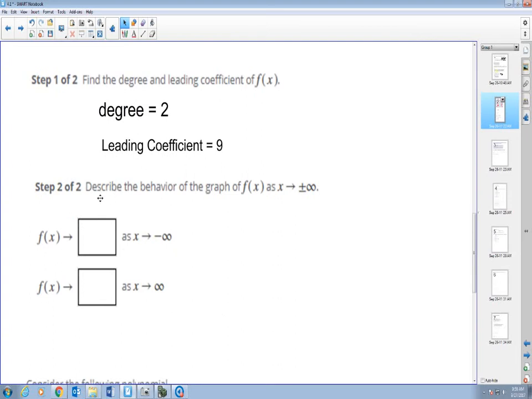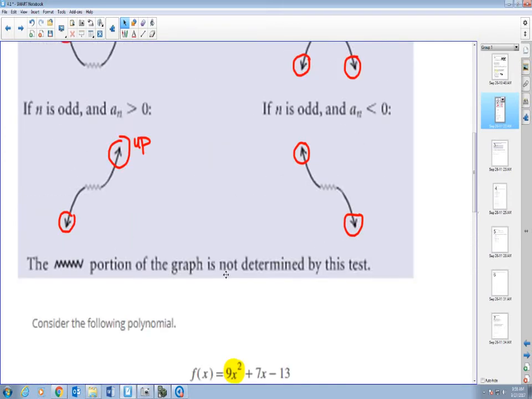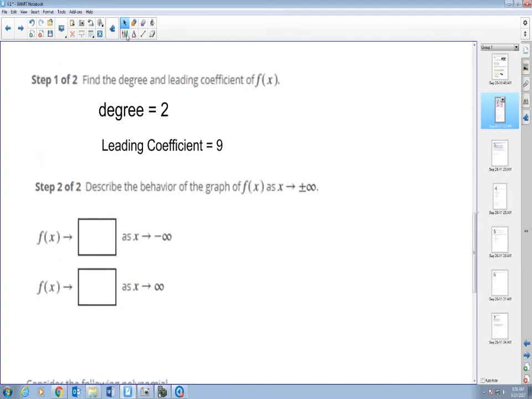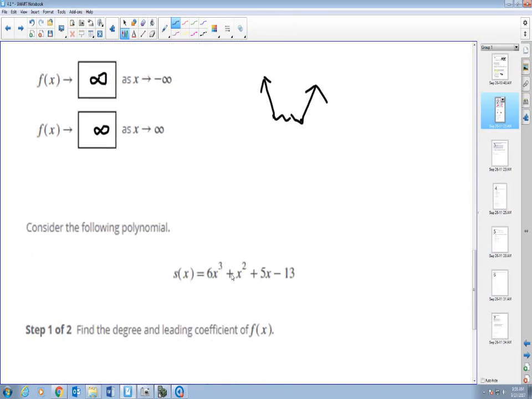So describing the behavior of the graph: as x goes to positive infinity, keep on going to the right, my y value is also going to go to infinity, getting bigger and bigger. As x goes to negative infinity, my y value is also getting bigger and bigger, going to infinity. Alright.